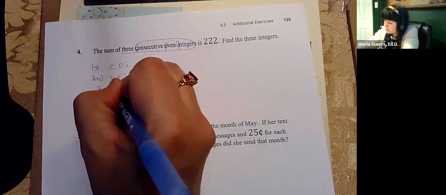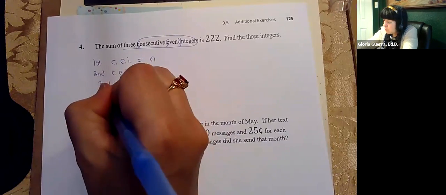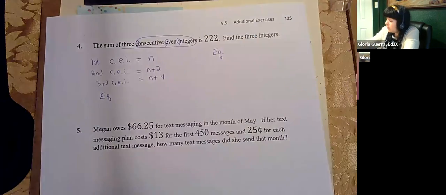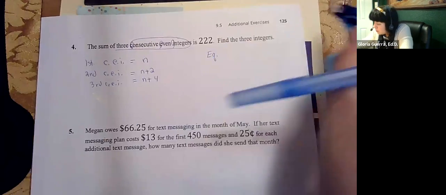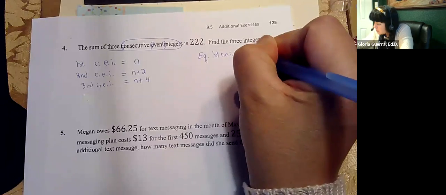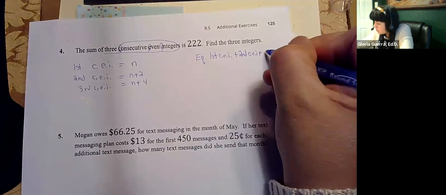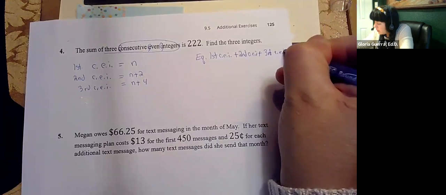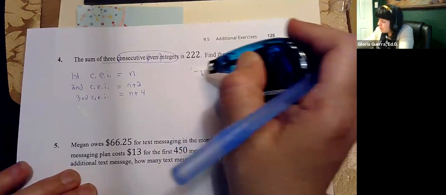So third CEI. Okay, then your equation, let me put your equation over here. The idea of your equation is that you're taking the first CEI plus the second CEI plus the third CEI. Oh, I'm running out of room. And it's going to equal the total. Rats.